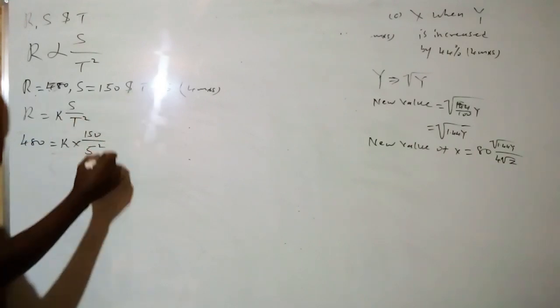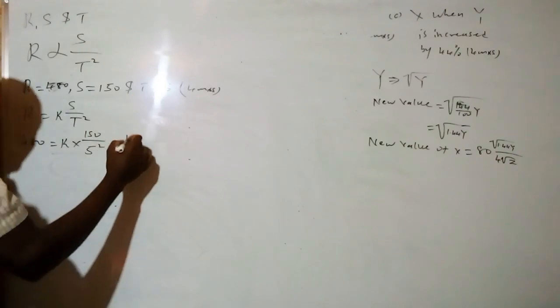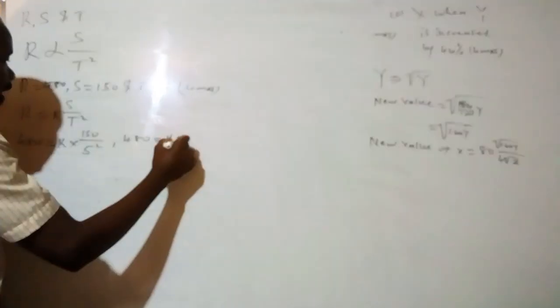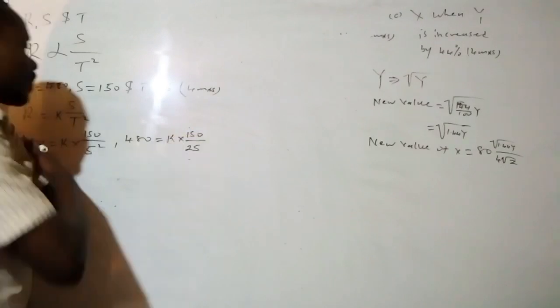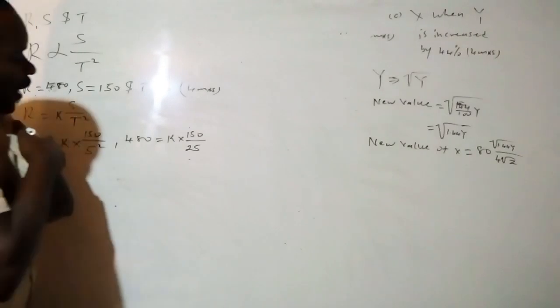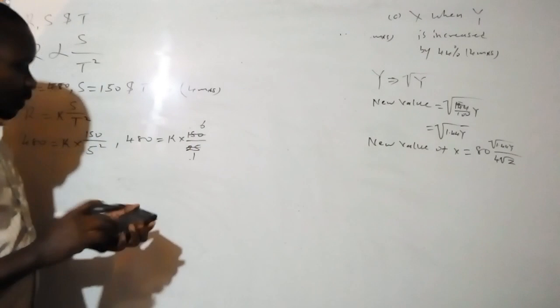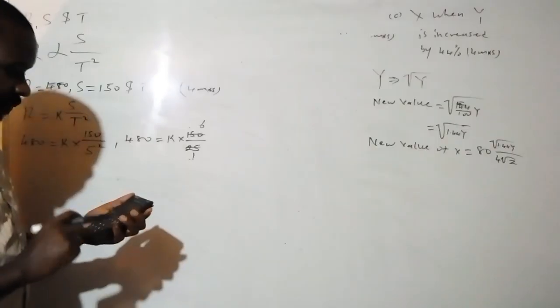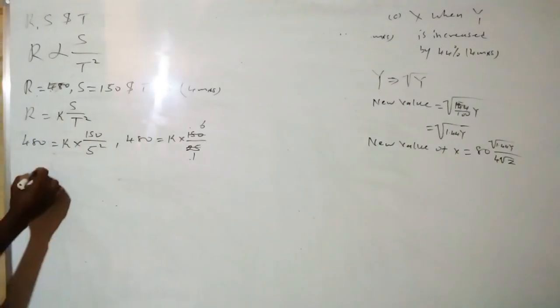You can say 480 is equal to K times 150 all over 25. 150 divided by 25 is 6. Therefore, 480 is equal to 6K.